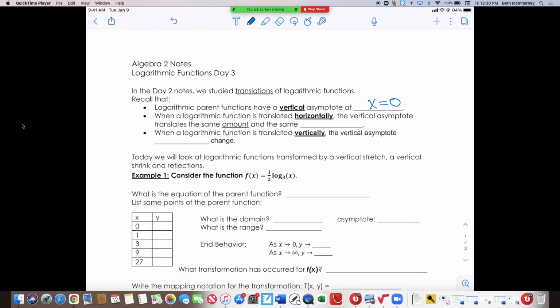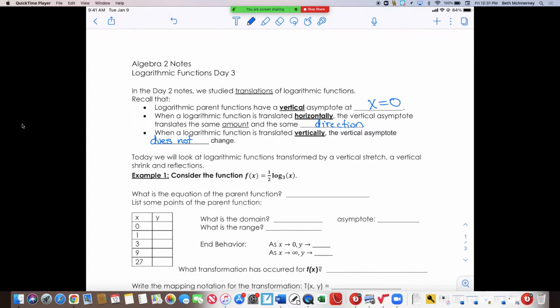When a logarithmic function is translated horizontally, left or right, the vertical asymptote translates the same amount and the same direction. When a logarithmic function is translated vertically, up and down, the vertical asymptote does not change. So that's just a quick recap of yesterday.